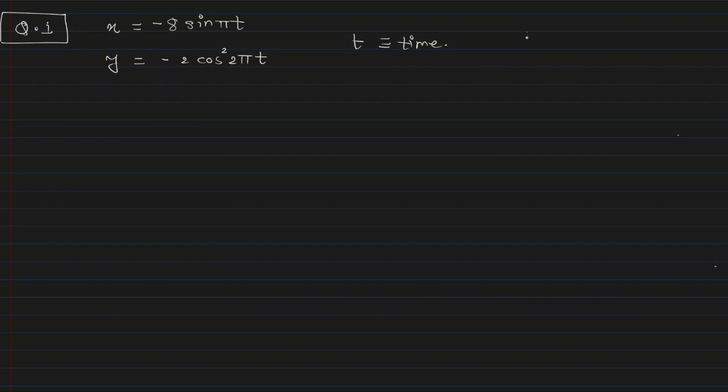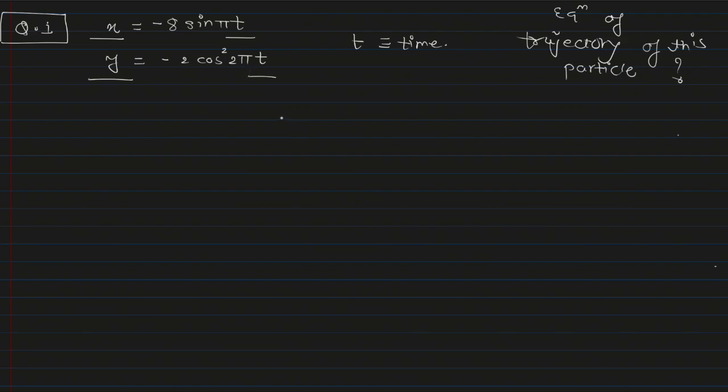What we have to find is the equation of trajectory of this particle. We could see that the x and y coordinates are related with time. So what if I eliminate this variable t? Then I'll get a good relationship between x and y. That's what I am going to do right now.